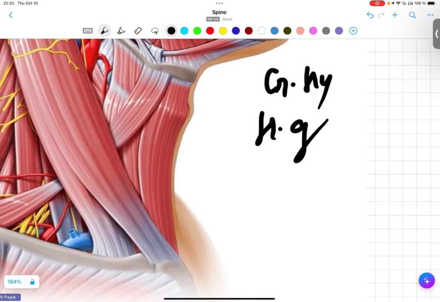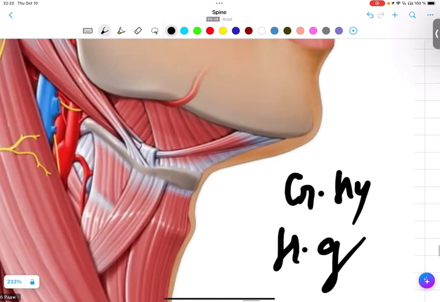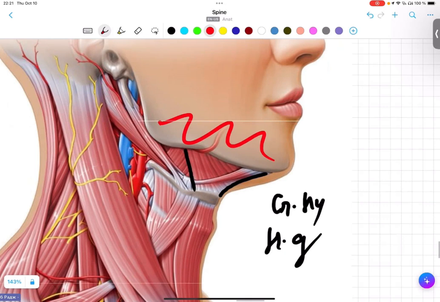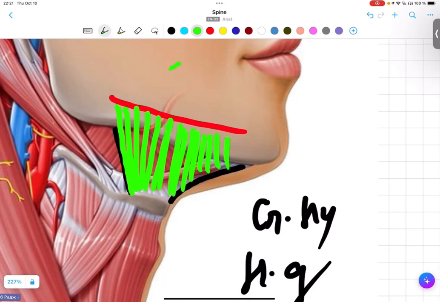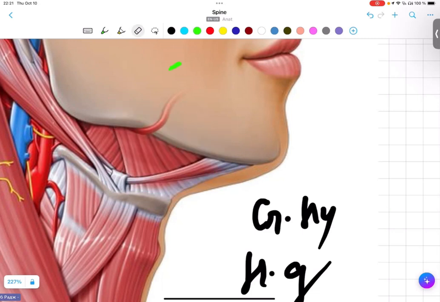Then you will have multiple muscles. For example, this muscle that you see here, on the inner surface of this mandible, this is your mandible or the lower jaw, you will have a line known as the mylohyoid line. So a muscle will come from there attached to the hyoid, known as mylohyoid muscle. Okay. Similarly, you will have a muscle not shown here because it is present deep to this muscle. This will come from the genial tubercle to the hyoid. The name will be geniohyoid.